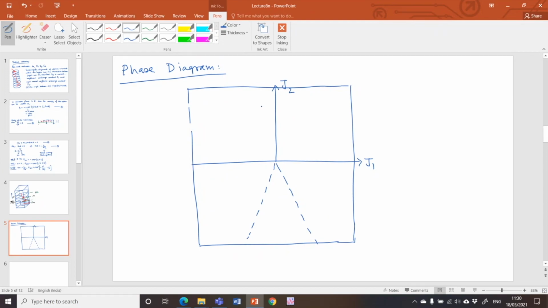So here on this J1 and J2 plane, here we will get a ferromagnetic ordering. Here we get antiferromagnetic ordering. Here also it will be ferromagnetic. Here also it will be antiferromagnetic. And in between these two dotted lines, this part will be helimagnetism. Is that clear?